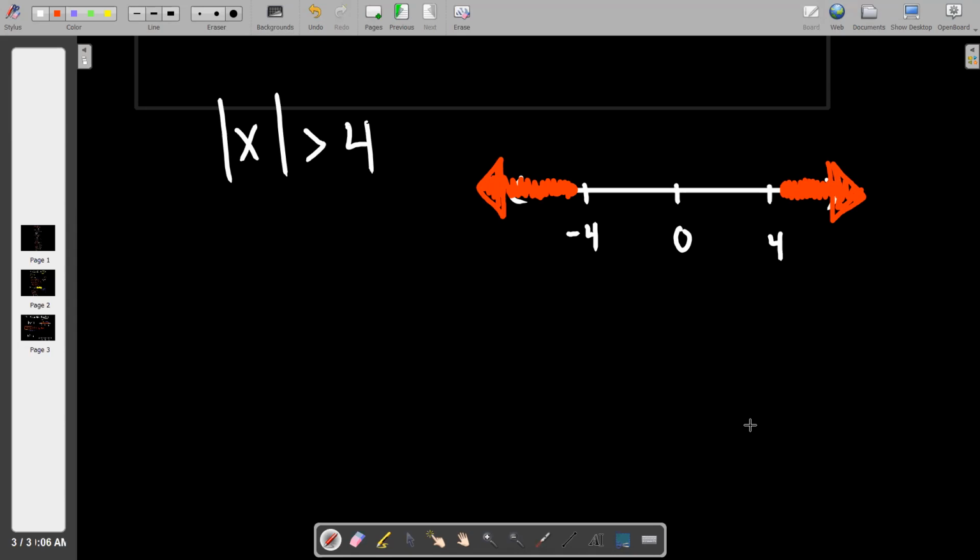What kind of boundary circles will I put at my boundaries? Open again. So these are going to be hollow circles. You will not have to graph in today's assignment. But again, this all leads me to my point, and that is, how do I write that absolute value inequality in a way that does not have an absolute value like I did last time?